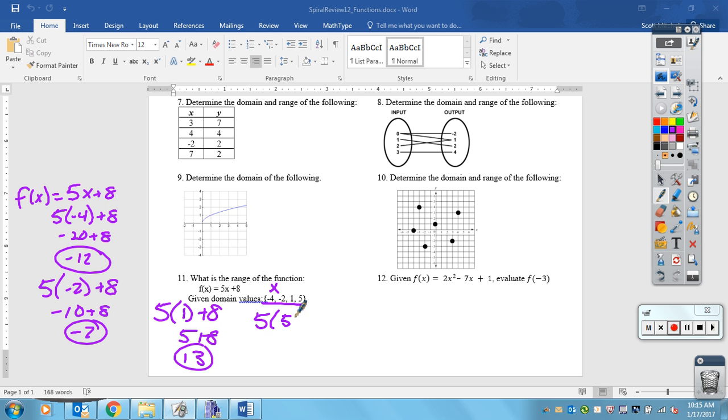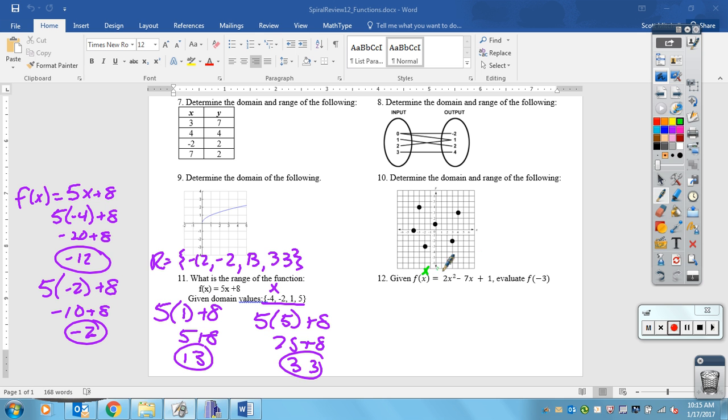And finally, 5 times 5 plus 8, which is 25 plus 8, or 33. So my range would be -12, -2, 13, and 33.